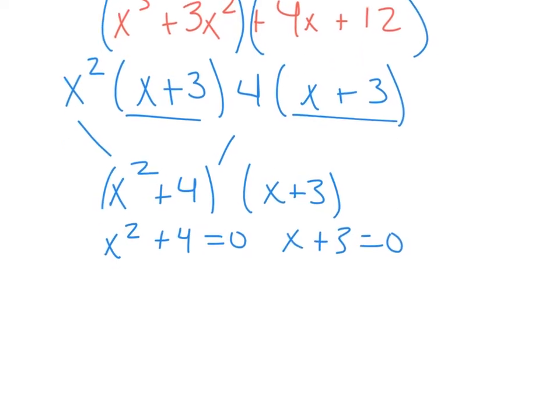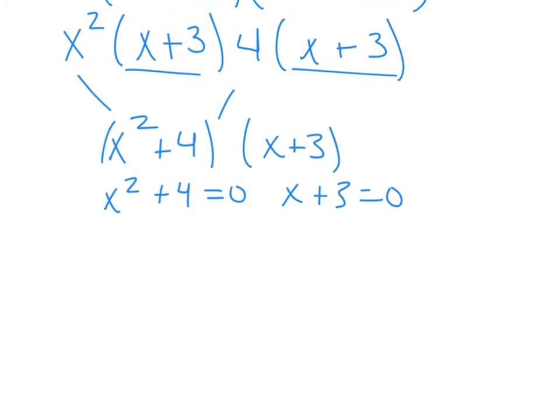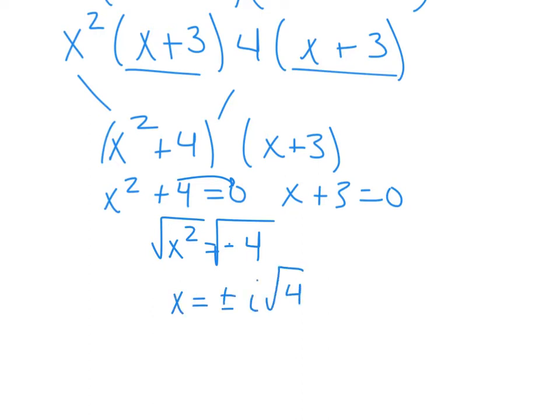Now, when I set the first one equal to 0 and I move the 4 over, I get x squared equals negative 4. So I square root both sides, and you can see how you might get an imaginary solution here because I have a negative in the radical. So if you remember what happens, you place an i out front, so this becomes x equals plus or minus i radical 4.